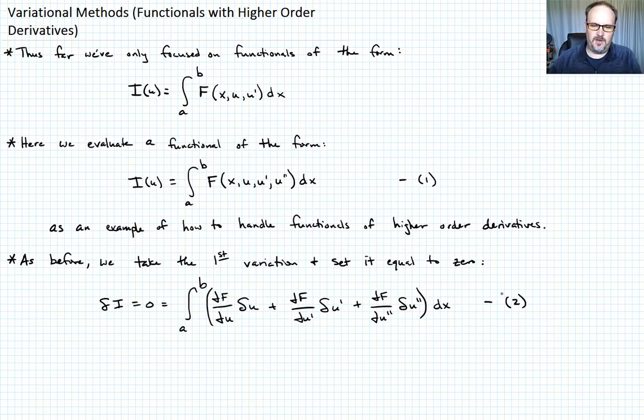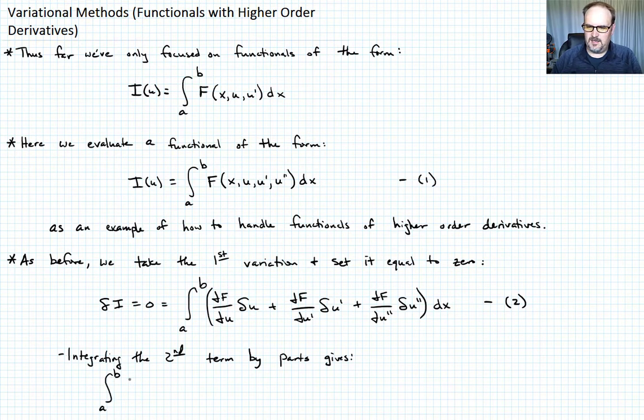We're going to proceed in a very similar manner to what we did with our original functional. Now we're going to integrate the second term by parts. That second term looks like the integral from a to b of partial f with respect to u prime times delta u prime dx.